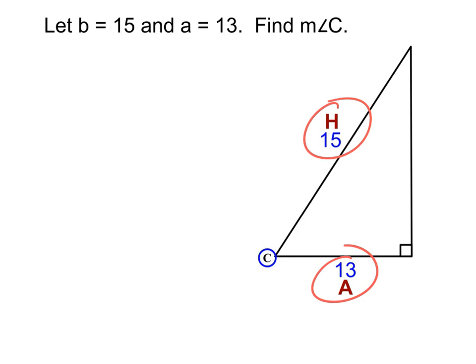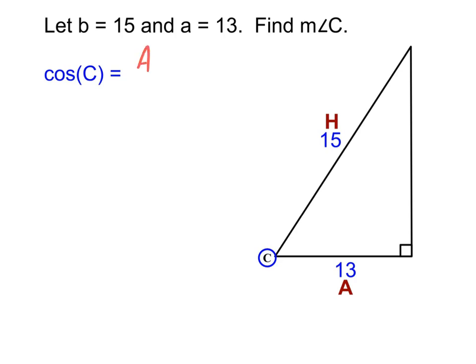The only difference is that when I write it, it's cosine of C now, not cosine of the angle measure, because I don't know what the angle measure is. The angle measure is C, so it's cosine of angle C. But cosine still equals adjacent over hypotenuse, so I grab that adjacent and the hypotenuse, and I plug those in. There's my original equation.